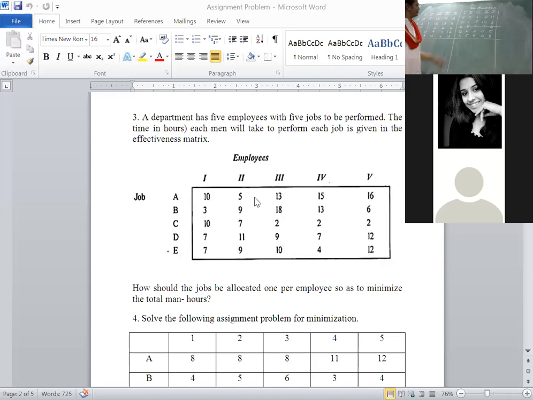Then next, again, the fourth column has how many zeros? 2 zeros. Fourth row also has 2 zeros. That is your wish, whether you want to draw a horizontal line or a vertical line. Here, I am drawing a vertical line. Next, the first column has 2 zeros.